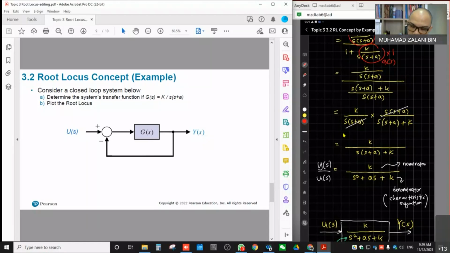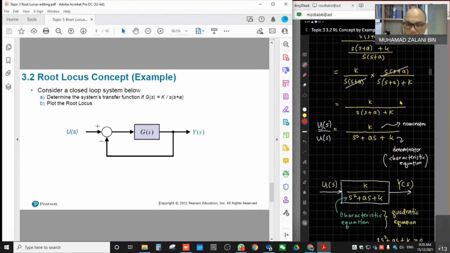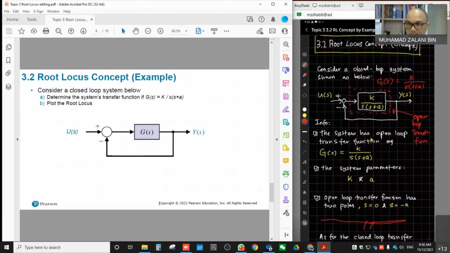When we cancel s plus a, we get this equation. So this is the transfer function Y(s) over U(s) for the closed loop system of the block diagram just now.